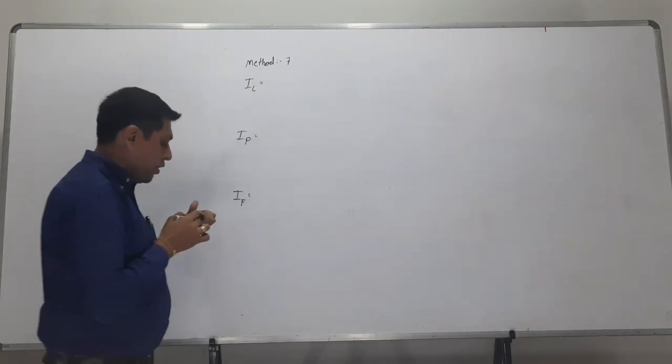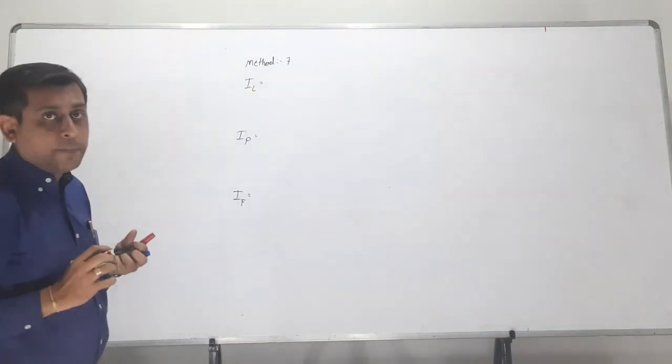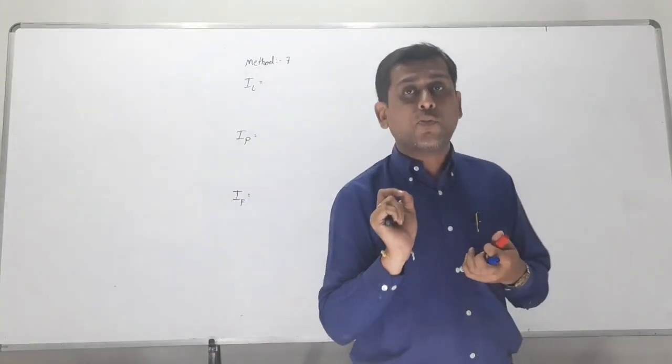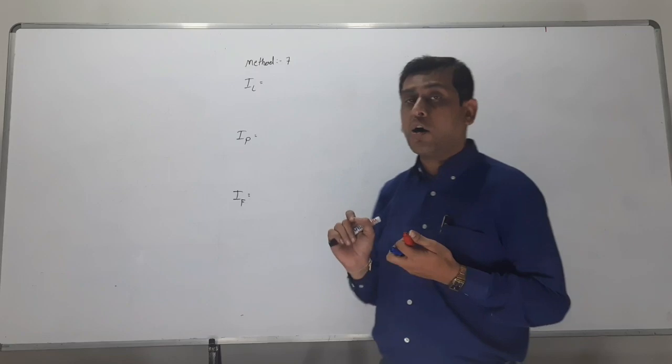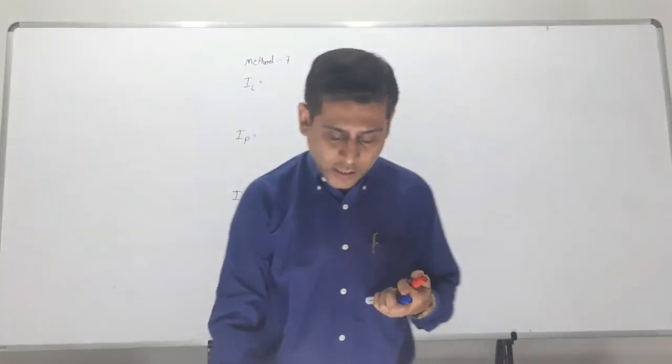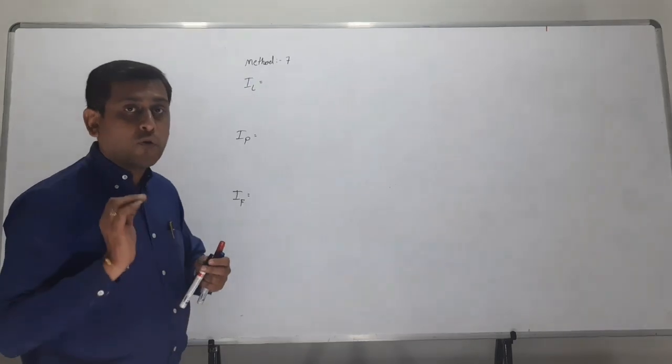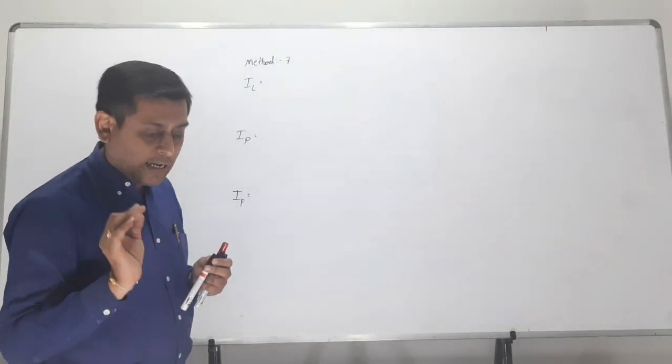Here you have 3 persons' formulas: the first one is Laspeyres formula, the second one is Paasche's formula, and the third one is Fisher's formula. Now see here, what is the formula to find out index number by Laspeyres?